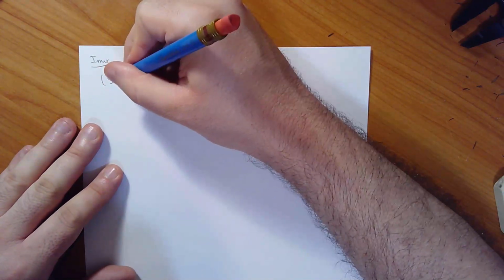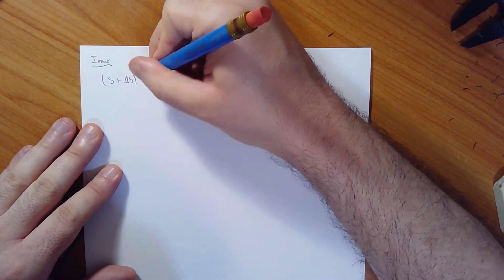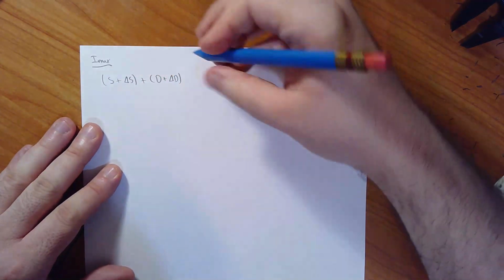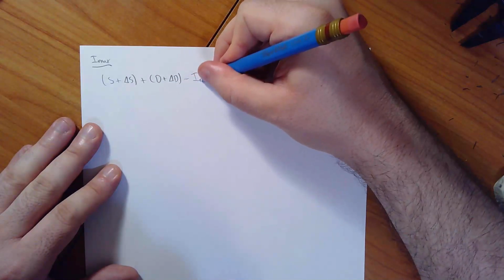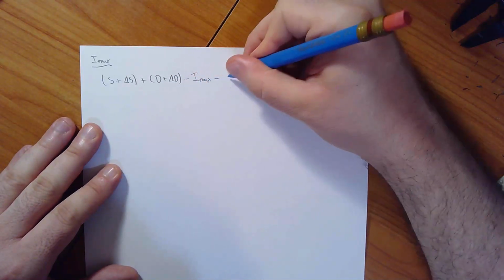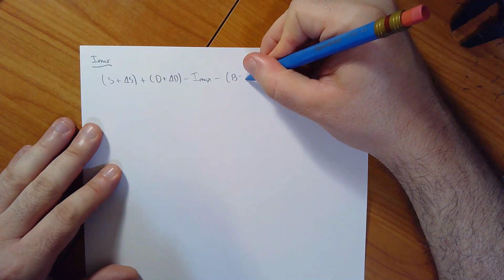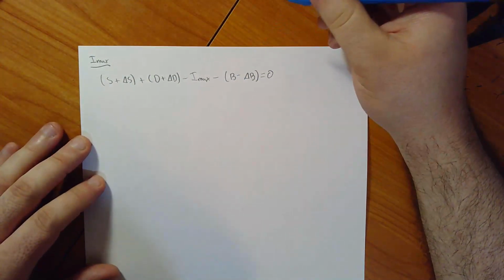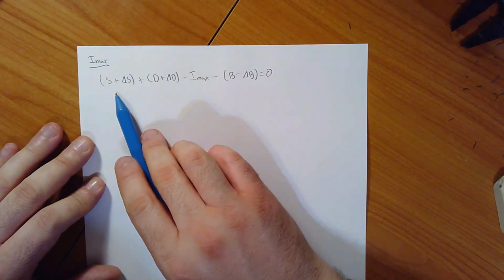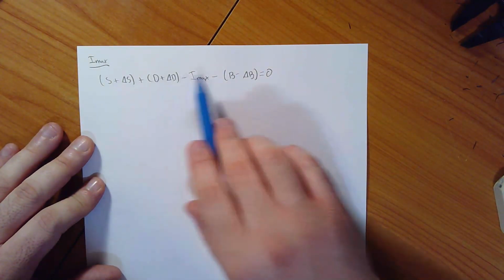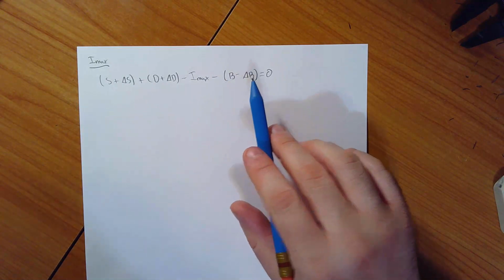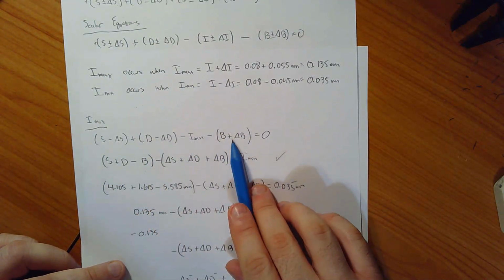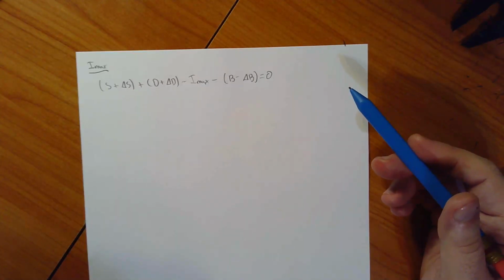So it's going to be S plus delta S plus D plus delta D, and then minus I now max rather than min, and then minus B minus delta B is equal to 0. Okay, right, and so just as a quick recap, the reason that I chose plus and minus is primarily because in the I-min analysis I chose minus and plus, right? So I'm just doing the opposite. So that's one way of thinking of it.